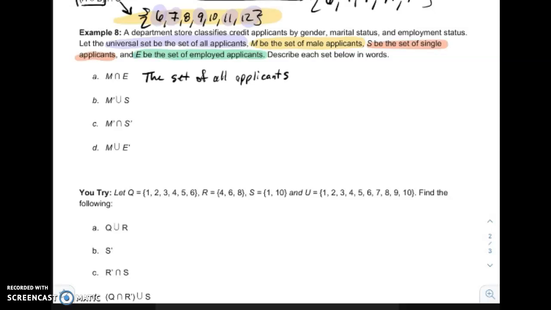But I want to be more specific with just M and E. So it would be the set of all applicants that are male and employed. They have to be both male and employed. So if it's intersection, they have to be both. You're going to use the word both and. It has to be in both, male and employed.